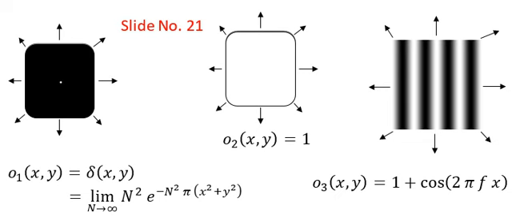Again the arrows show that it has infinite extent, and it is defined mathematically by 1 plus cos of 2 pi fx, which we regard as the function O3, with a single frequency f. For these three objects the Fourier transform definition would fail as given in the previous slide, but still their Fourier transform exists, optically.